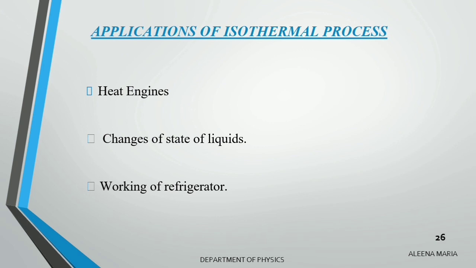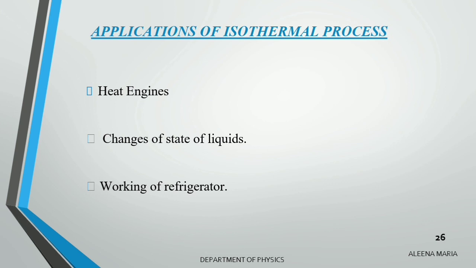This is isothermal expansion. In the same way, there is isothermal compression in which pressure as well as volume changes, but no temperature change due to the infinite thermal capacity of the sink.